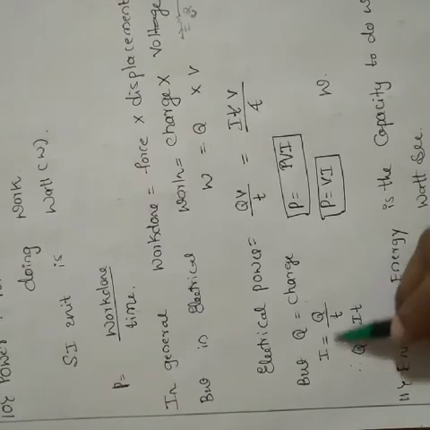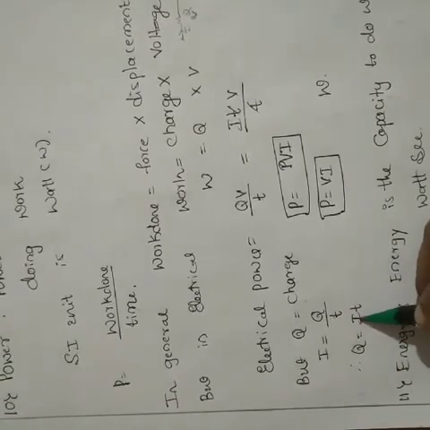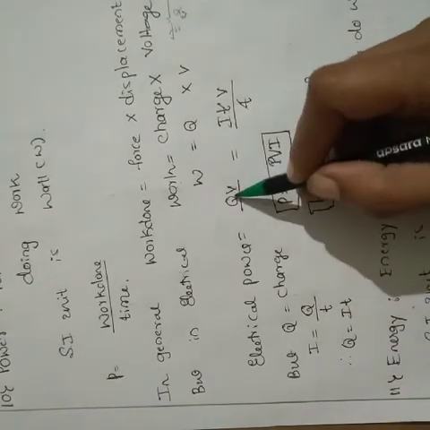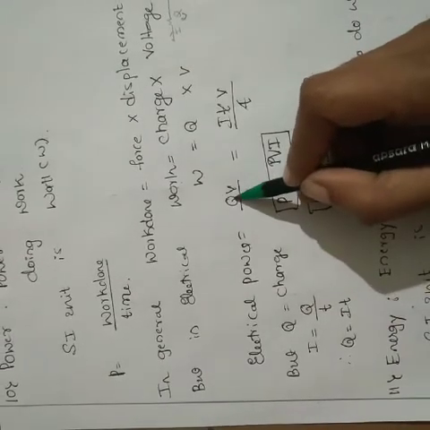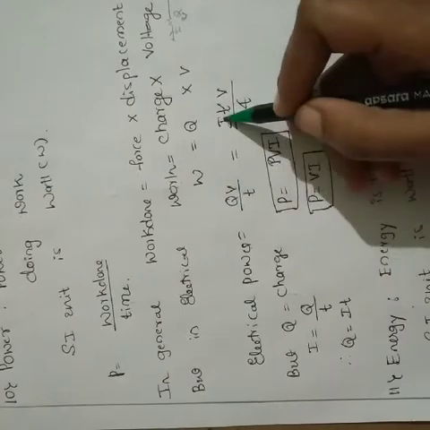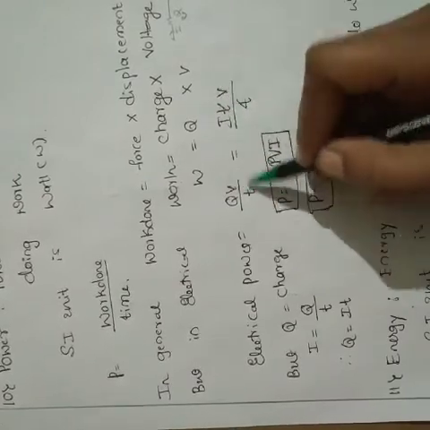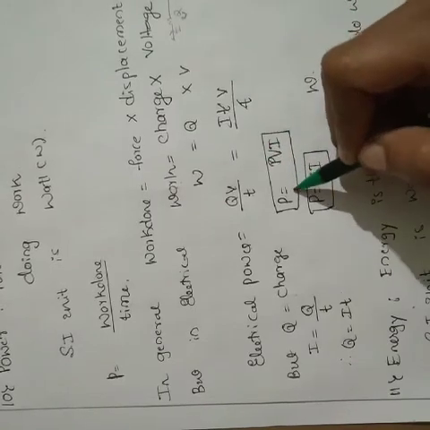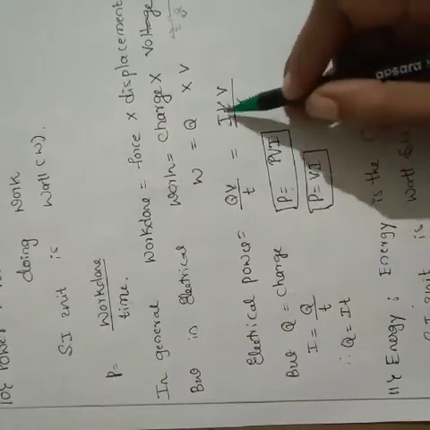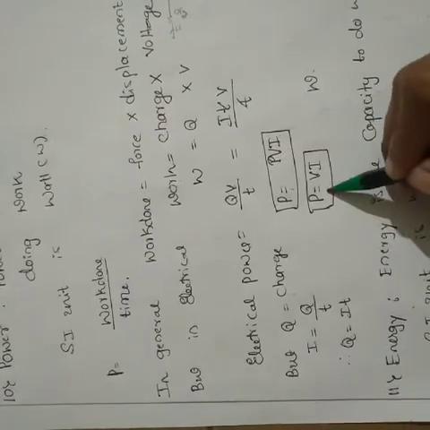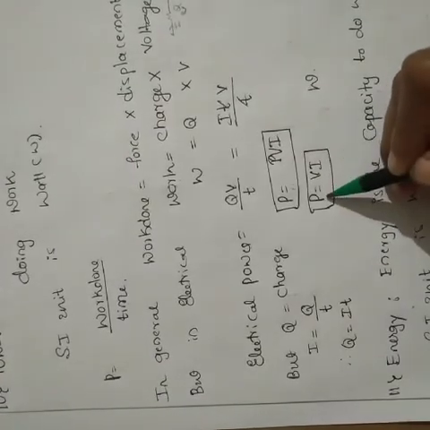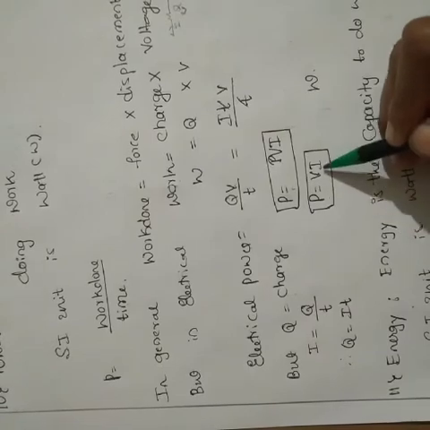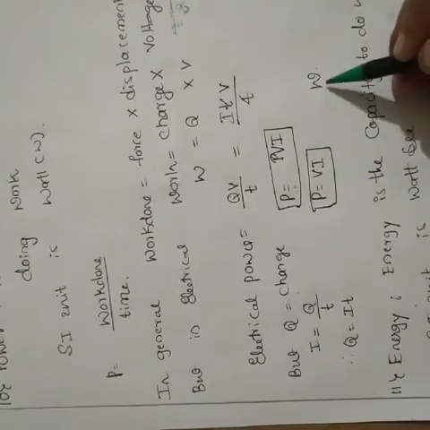Therefore, Q is equal to I into T. Putting this in the electrical power equation, Q is replaced by I into T, V as it is, T as it is. T gets cancelled. Then electrical power P is equal to V into I. The electrical power, the rate of doing work, is P equal to V into I. It is measured in watts.